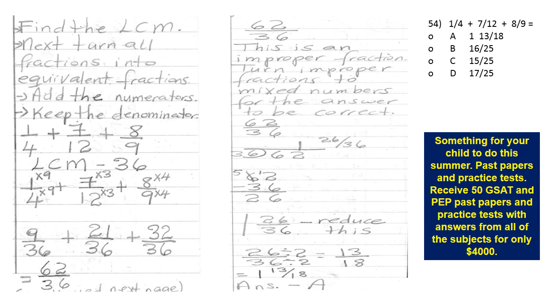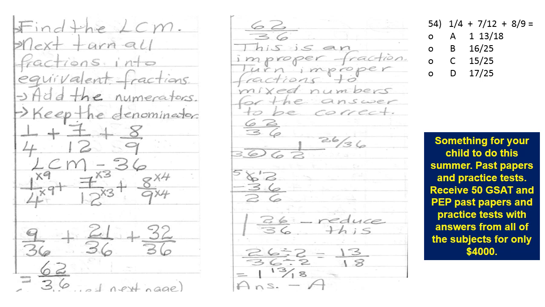The LCM is 36. 1 over 4 is 1 times 9 over 4 times 9 to get the denominator of 36. 7 over 12 is 7 times 3 over 12 times 3, and 8 over 9 is 8 times 4 over 9 times 4. So you end up with 9 over 36 plus 21 over 36 plus 32 over 36, which is equal to 62 over 36.